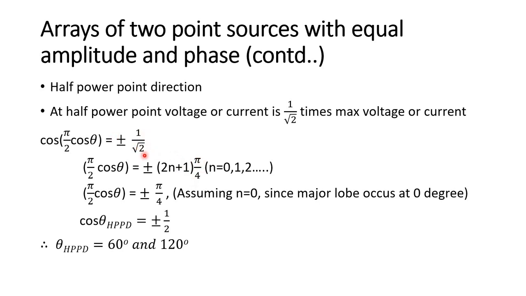Here n is equal to 0, 1, 2. Again substitute n equal to 0, so we have plus or minus pi by 4. Pi gets cancelled, 2 and 4 get cancelled. So cos theta at the half power point direction is equal to plus or minus half. That is, cos inverse of half is 60 degree and 120 degree. So this is the HPPD, half power point direction.